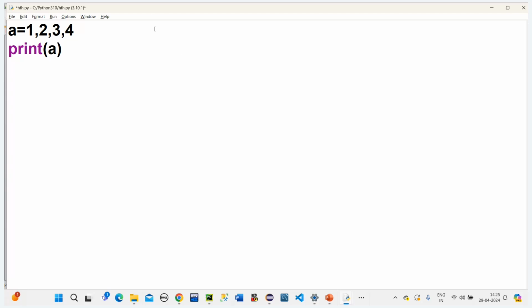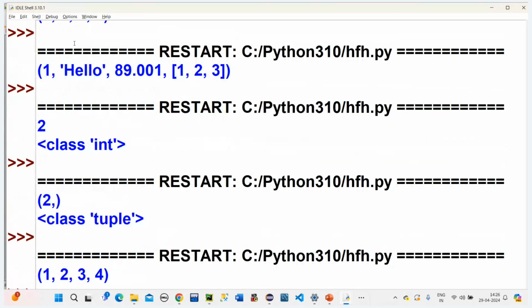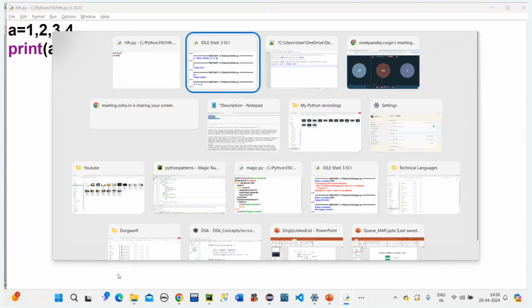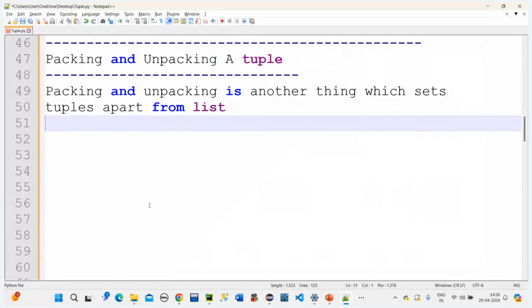The elements of A will be printed, all the elements, 1, 2, 3, 4, right? Yes, sir. Is it printing? See here. It came in the form of parenthesis. Means tuple only, right? Yes. So even if we are not giving parentheses, by default it is taking it as a tuple.